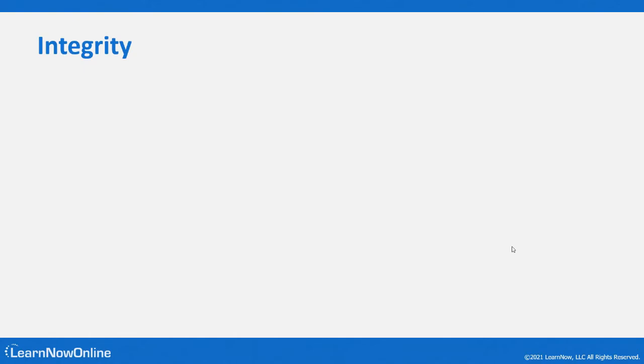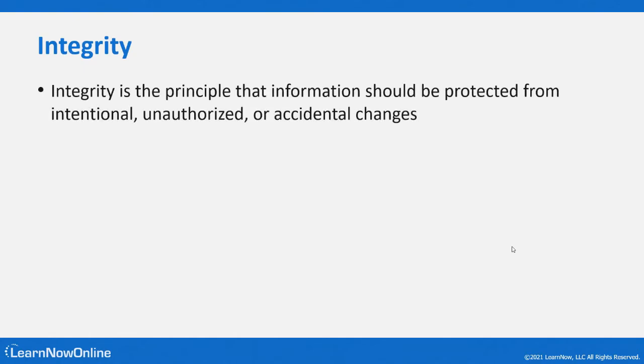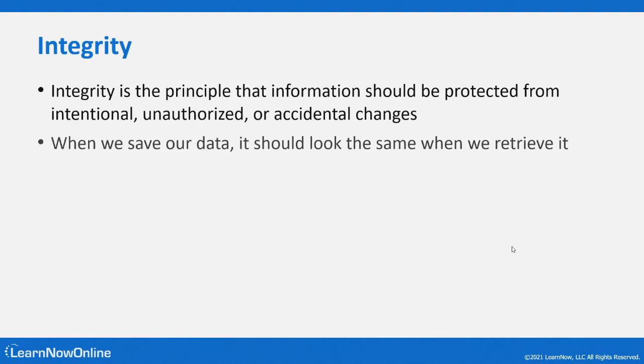The other part of the CIA Triad is integrity. And integrity is the principle that information should be protected from intentional, unauthorized, or accidental changes. When we save our data, it should look the same when we retrieve it. We talked about databases earlier. When we save something and put it into a database, later when we retrieve it, the data should still be the same.